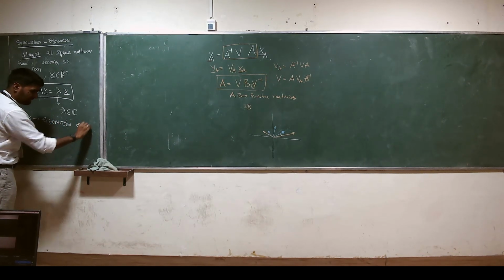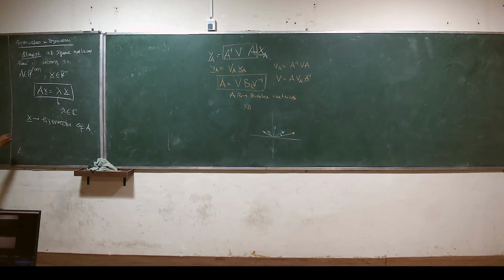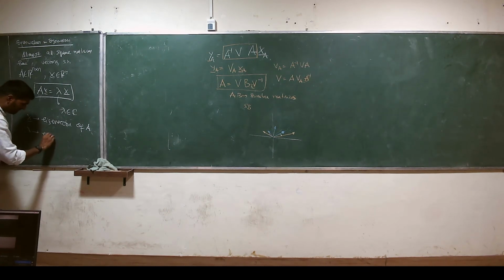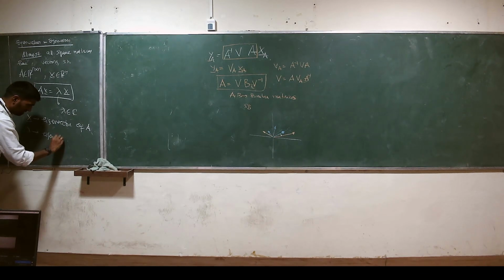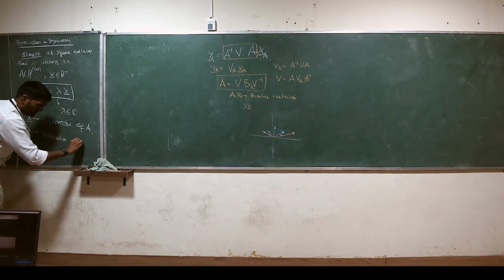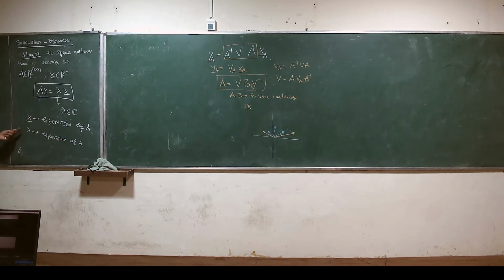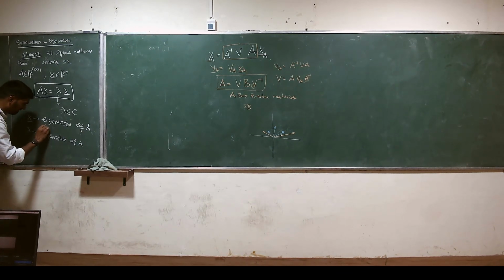Eigenvector of the matrix A. And the corresponding scalar lambda is called the eigenvalue of A. In fact, the way you say this is you say lambda is the eigenvalue of A, and x is the eigenvector of A corresponding to the eigenvalue lambda.